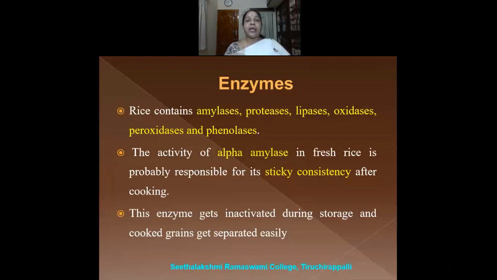It is naturally inactivated during the process of storage. So alpha amylase will be less when the rice is stored for a longer period of time, and therefore when we cook the old rice it will not become gelatinous and we will get it in the form of grains.